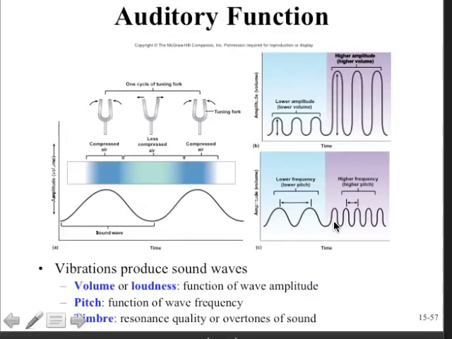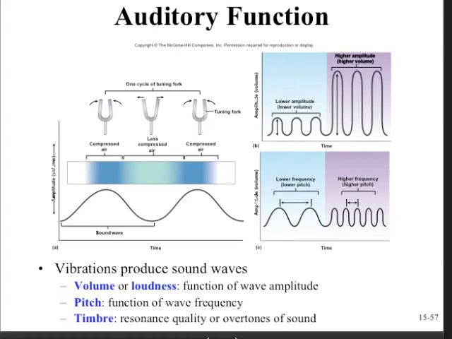What you're looking at here is a slide showing you what form of energy sound is. Sound is a pressure wave. It's propagated through a gas, and it's essentially the result of gas molecules colliding with each other. Vibrations produce these sound waves.